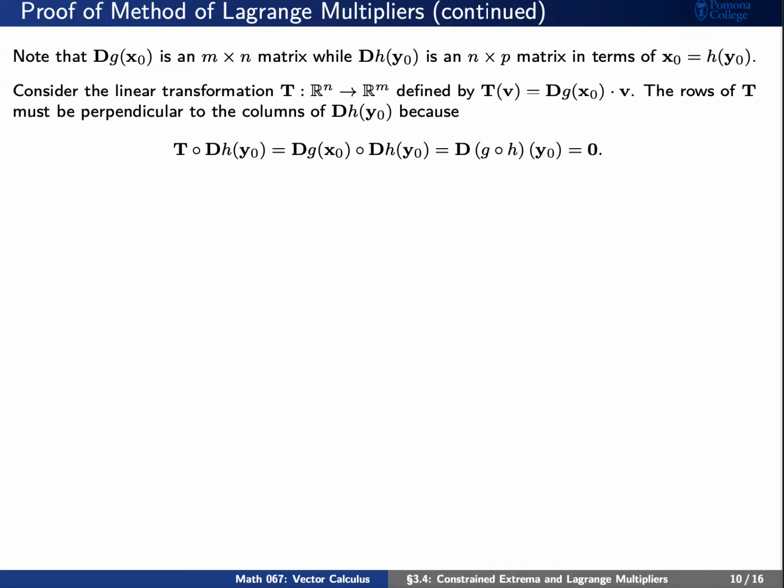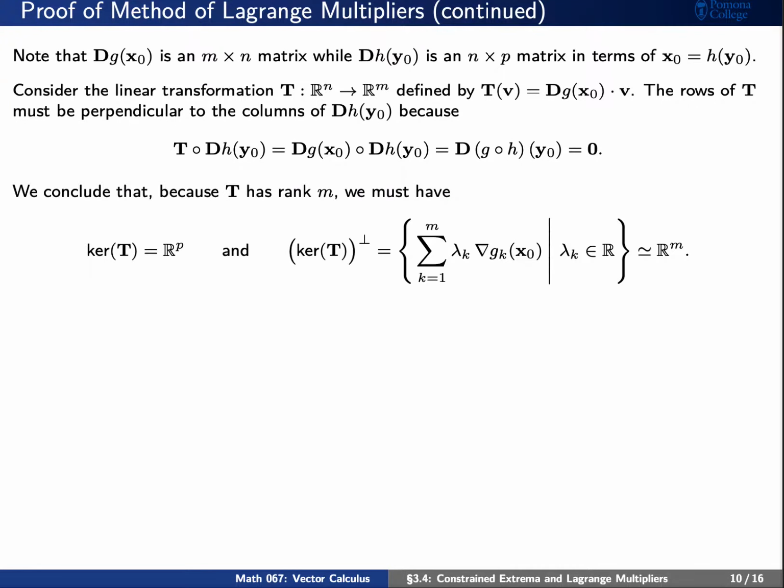But now saying that the product of two matrices is zero actually tells us that the rows of T, the derivative of g, must be perpendicular to the columns of the derivative of h. But the kernel of T now really must be generated by the columns of the derivative of h. This is a p-dimensional space.